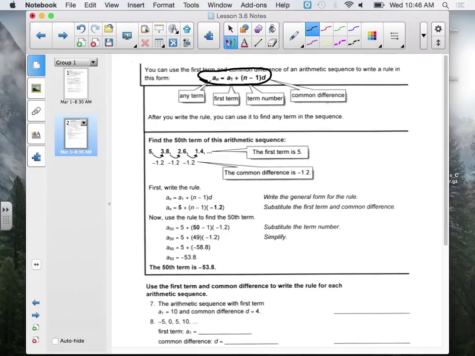So, if you ever get an arithmetic sequence, all you have to do is find the first term and the common difference right off the bat. That's all you have to find first thing.